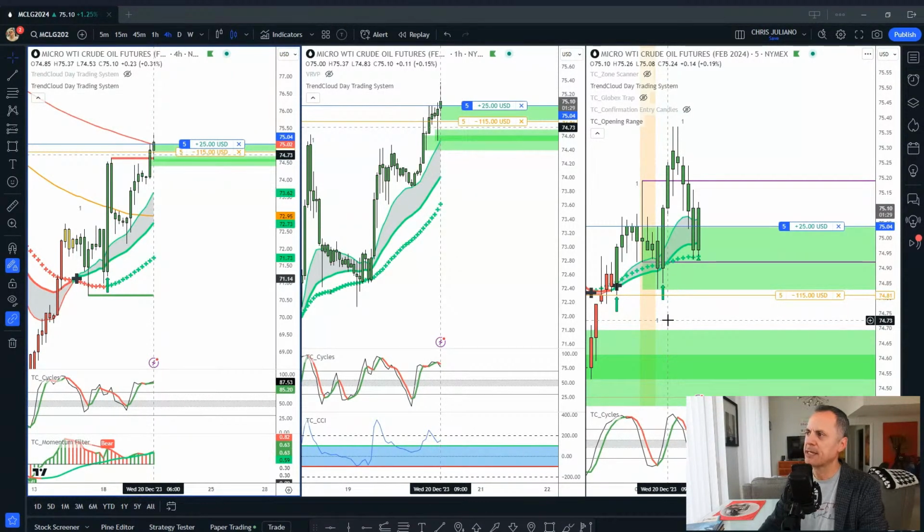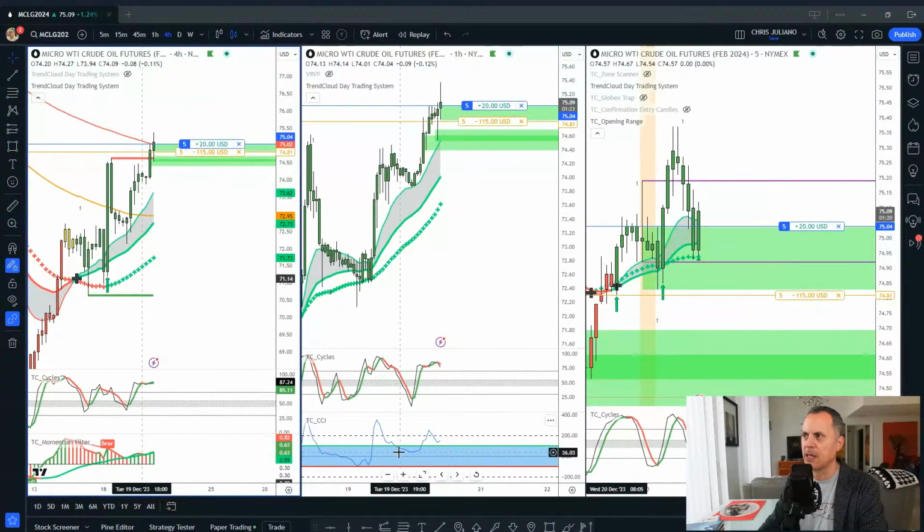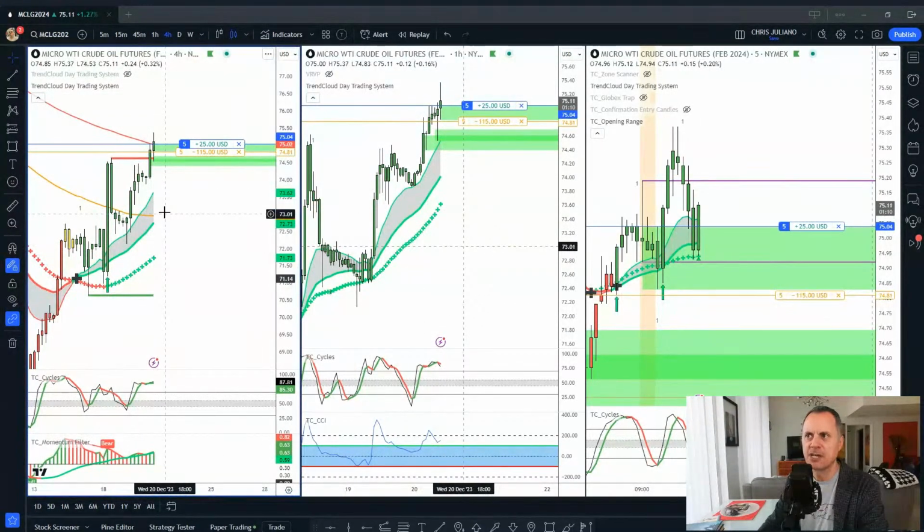So we pulled back into a demand zone that had upward momentum on both time frames, pulling back into trend on both time frames, right? Trend to the upside, middle time frame. Trend to the upside, high time frame. Momentum to the upside, middle time frame. Momentum to the upside, high time frame.